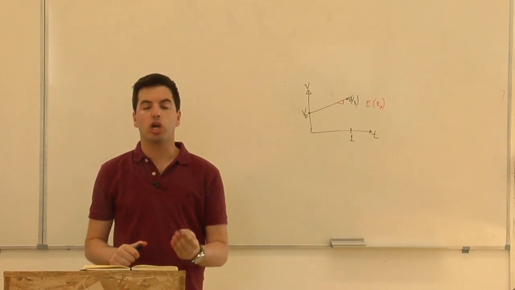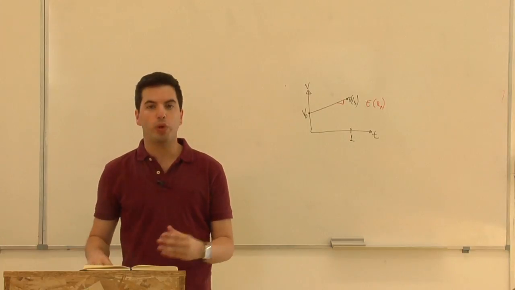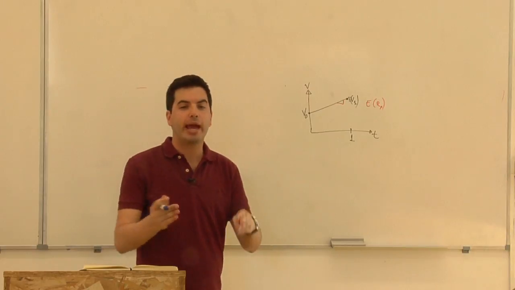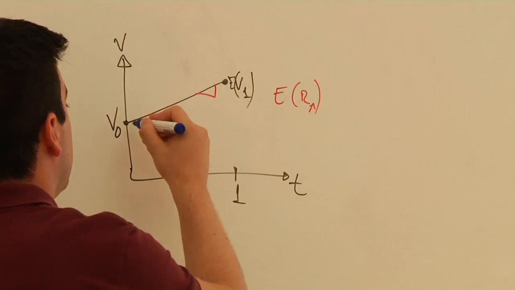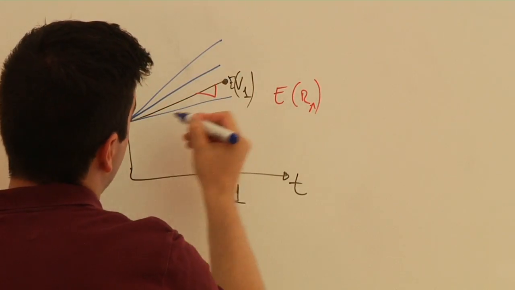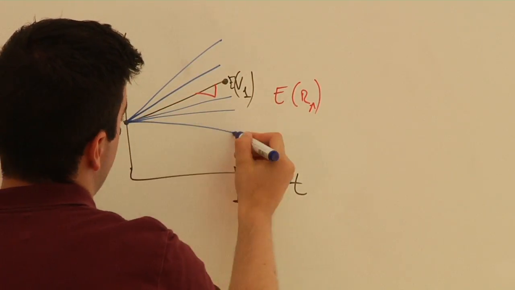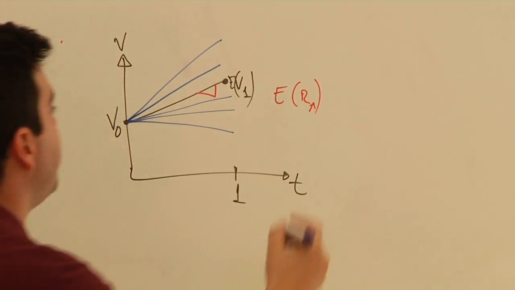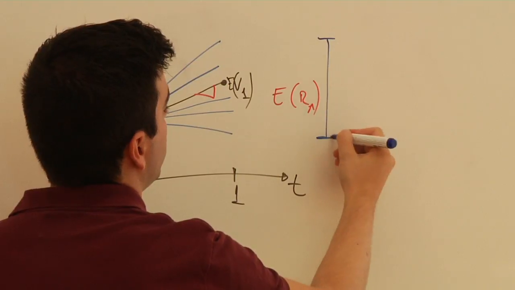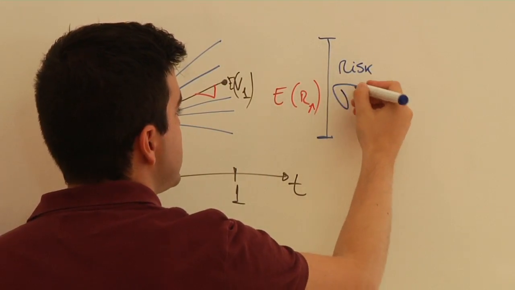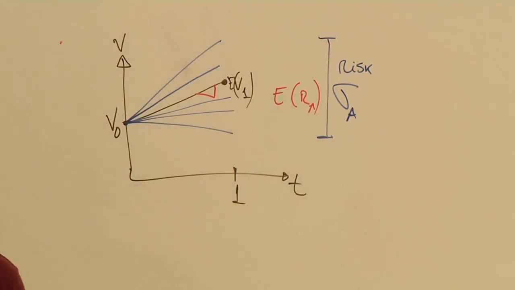But this is not the only possible scenario. Even though we expect that the share price will go this way, it can go in any other direction. So it can go a little bit higher, or even higher, or a little bit lower, or even decrease. And the degree, the width that we have here, will determine risk, which is represented by the standard deviation of returns.